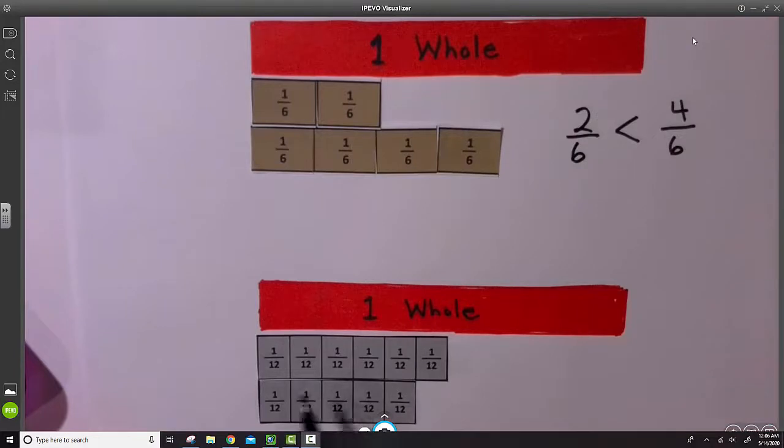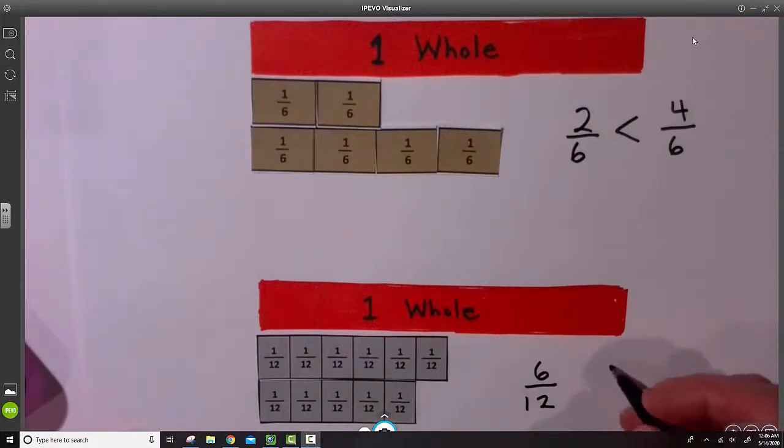Our final example will be with 12ths. We see 1, 2, 3, 4, 5, 6. 6/12 make up the top line of fractions. The bottom is 1, 2, 3, 4, 5/12.